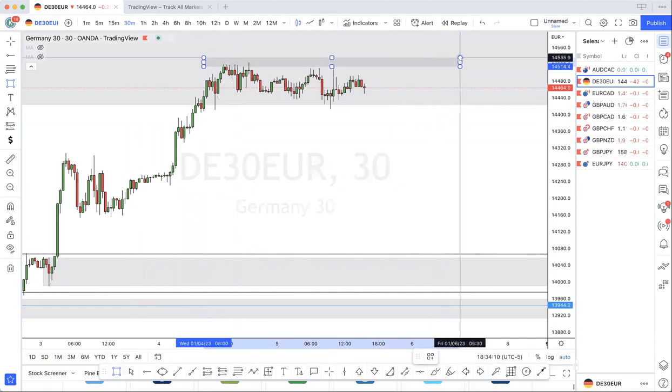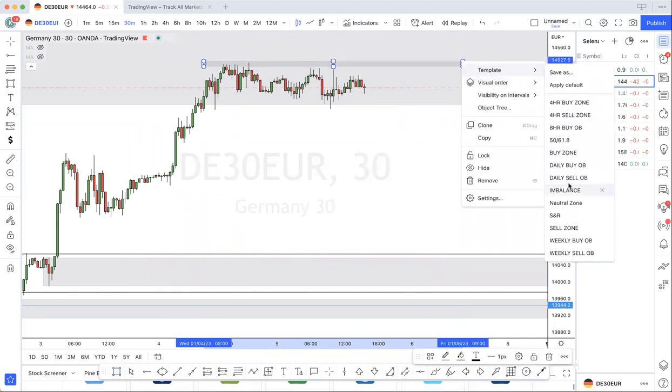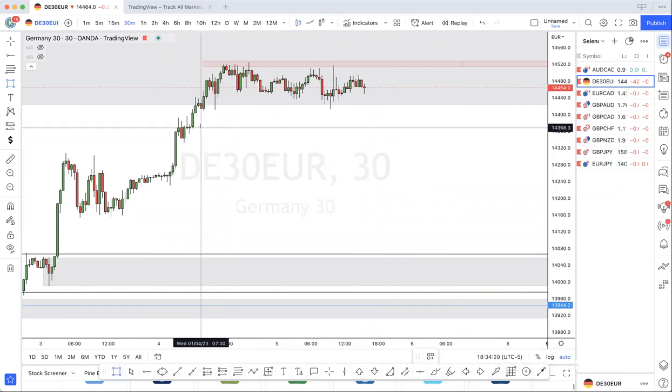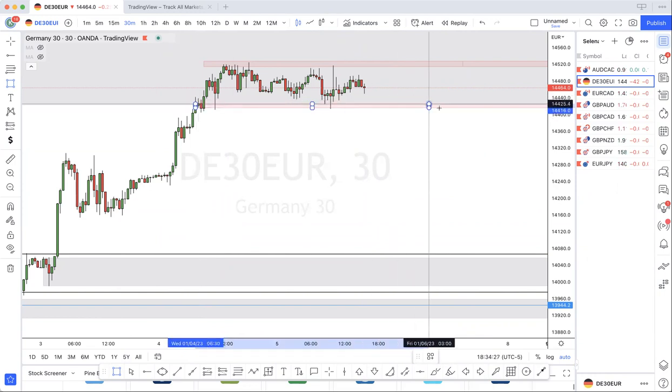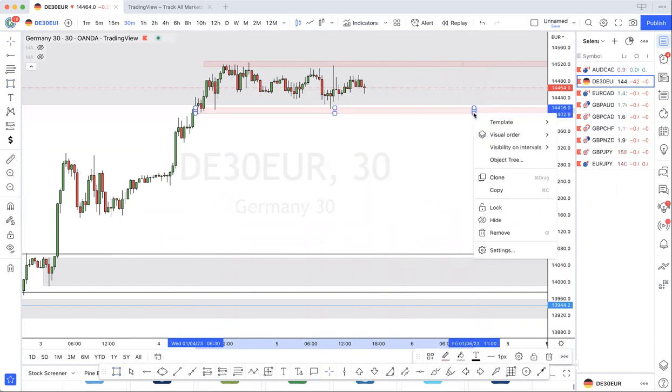This is the current high of this meander, which is a sell zone. And then that order block has been tapped into. I would just put it right here. And this is your buy zone.